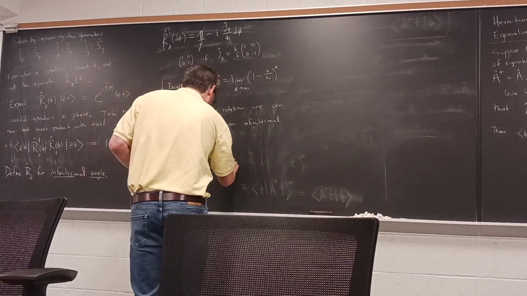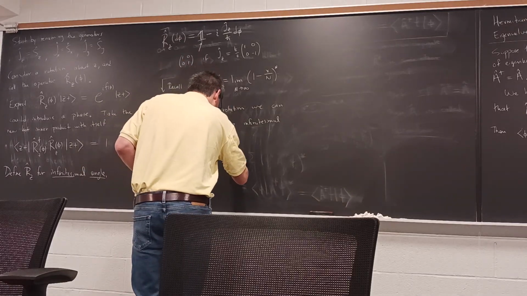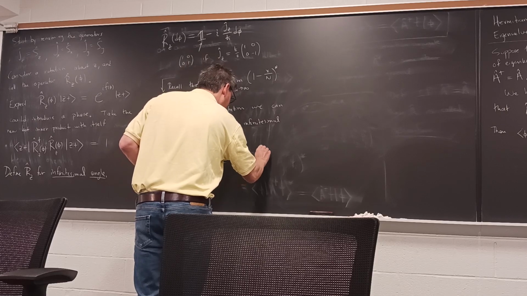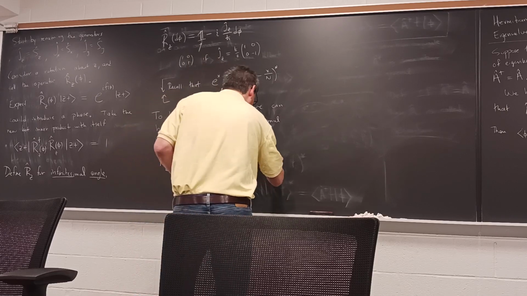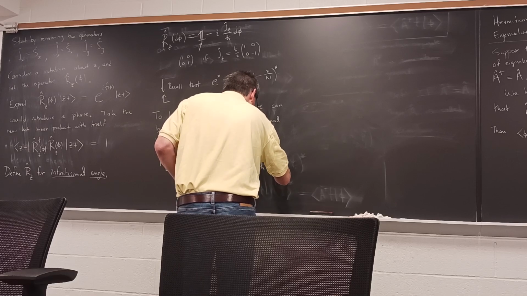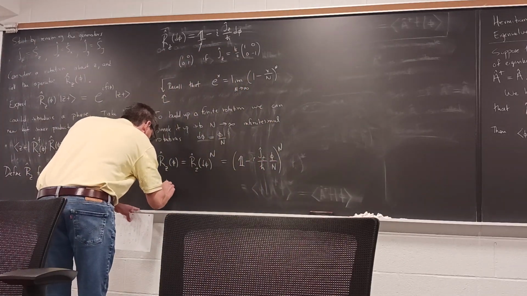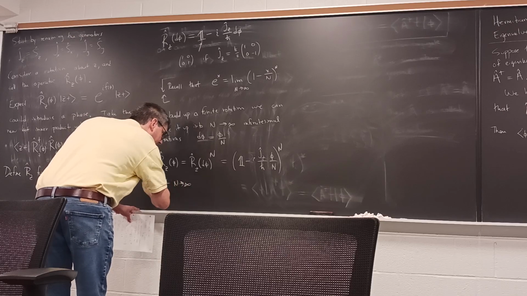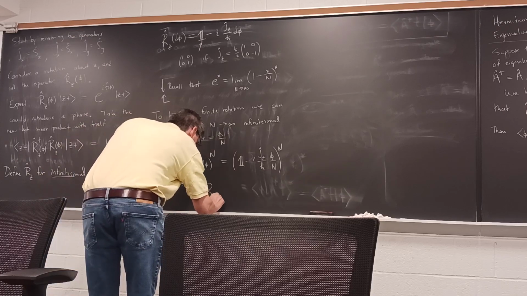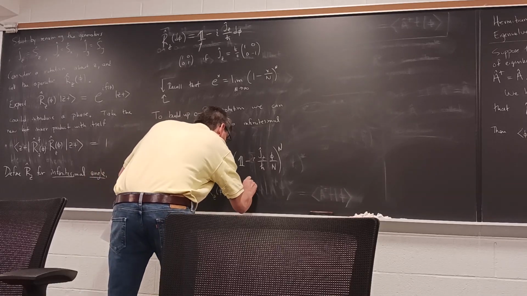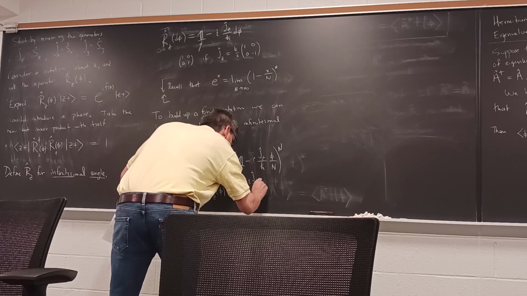So that would be this 1 minus I j hat z over h bar phi over n to the nth power, and we just let n go to infinity, and then we have that RZ of phi is equal to e to the minus I j hat z over h bar times phi.